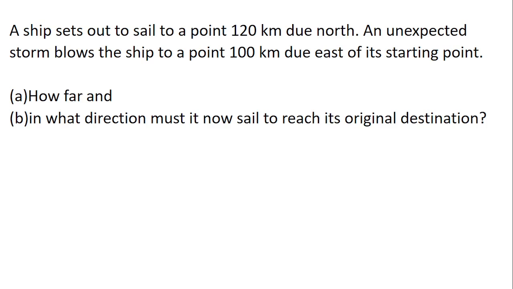Then the first question is saying how far and in what direction must it now sail to reach its original destination. So if you look at this particular question, you just need to follow up what has been stated. You just need to understand what are they trying to talk about.